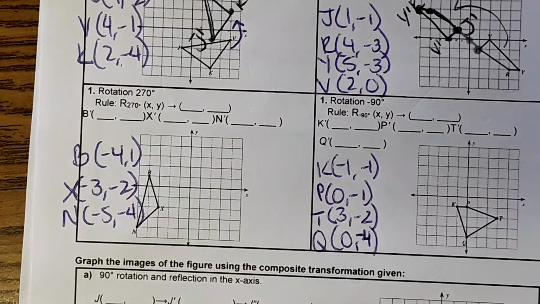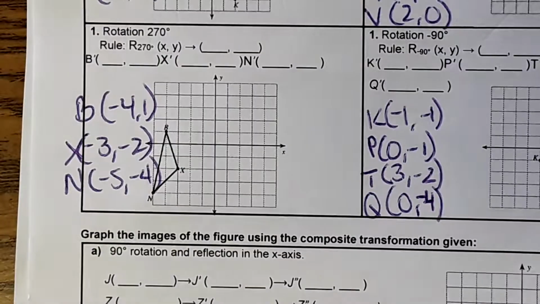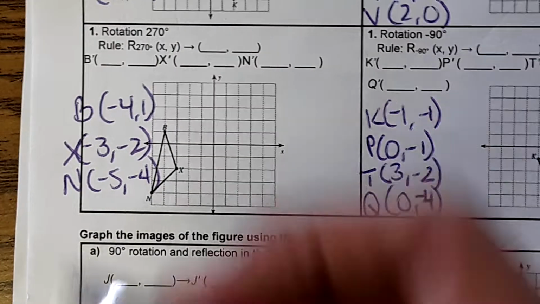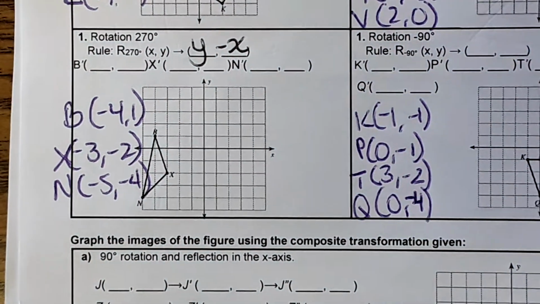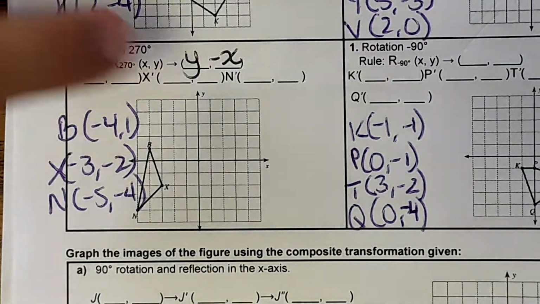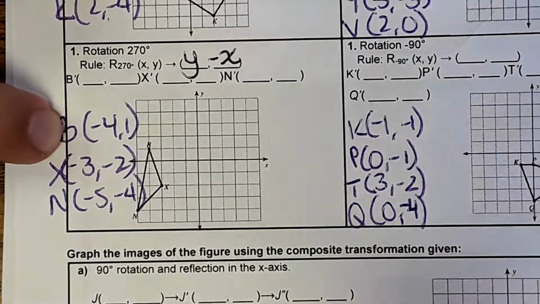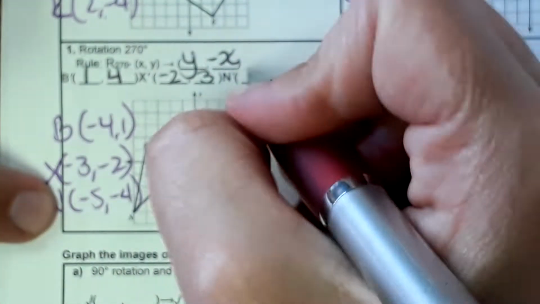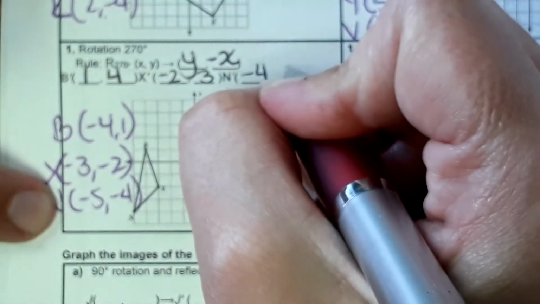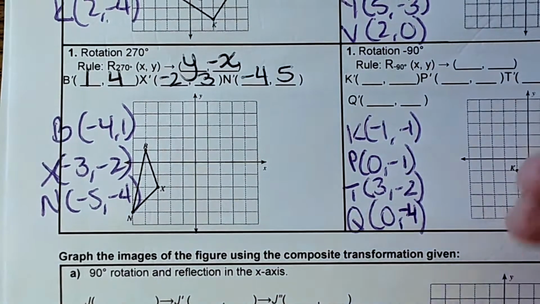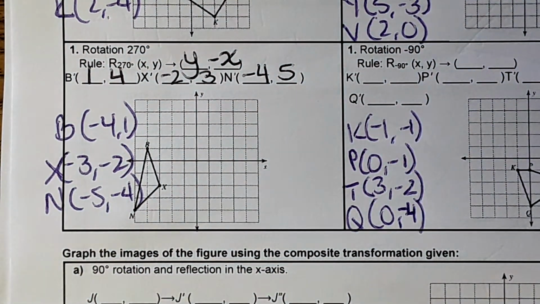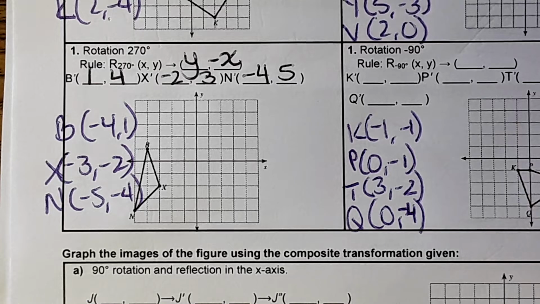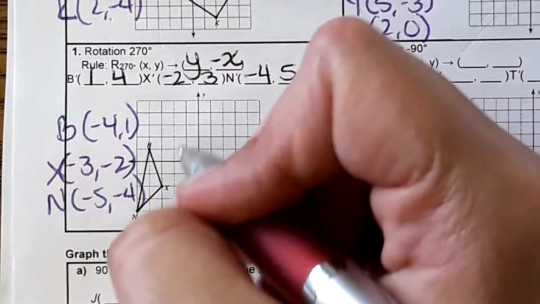And continuing, now we have a 270 degree rotation. Taking the rule off the board, it is (y, negative x), and then transforming the points. And then we can graph it.